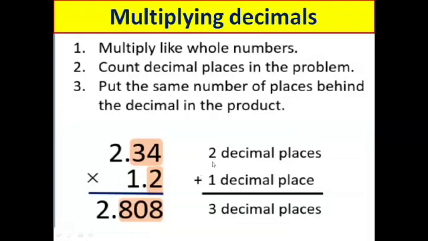So two decimal places and one decimal place, I will add them to get 3. So from behind I will put the decimal after 3 places. So the answer will be 2.808.